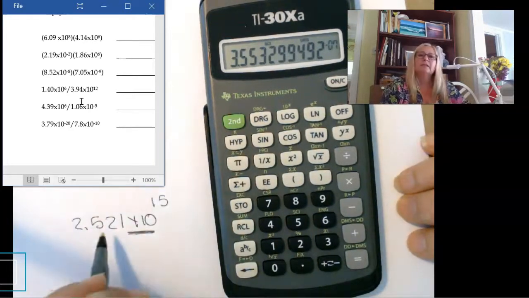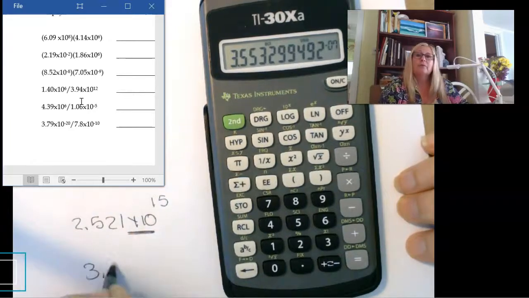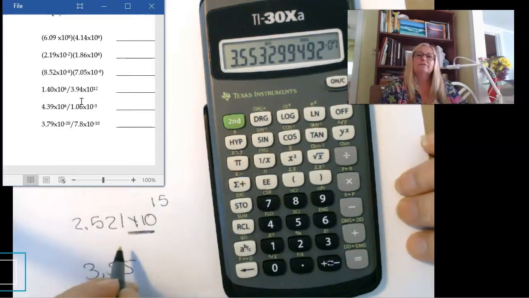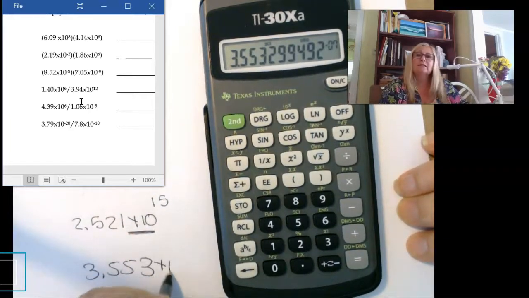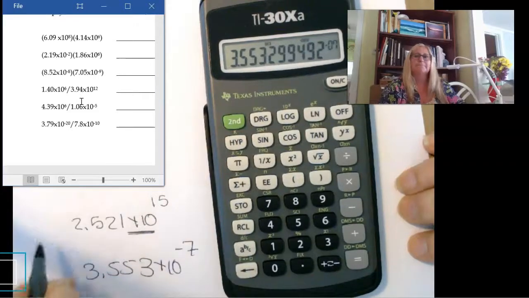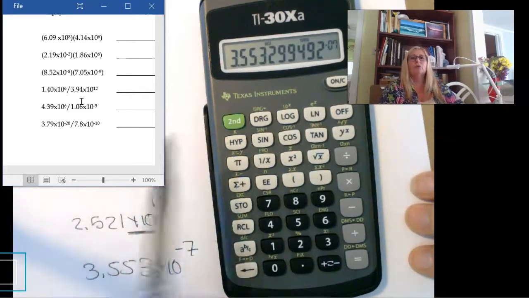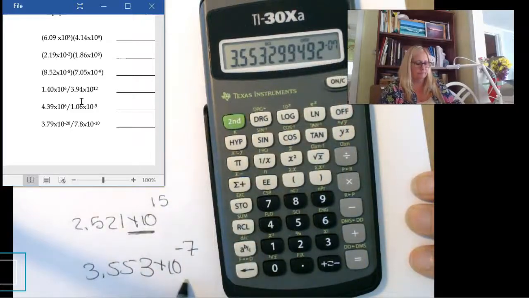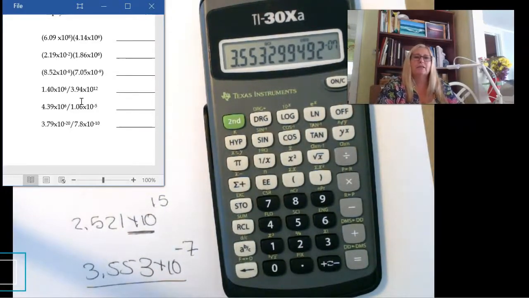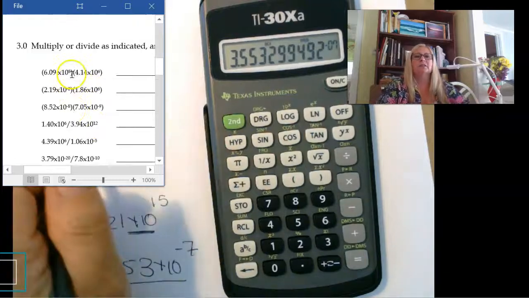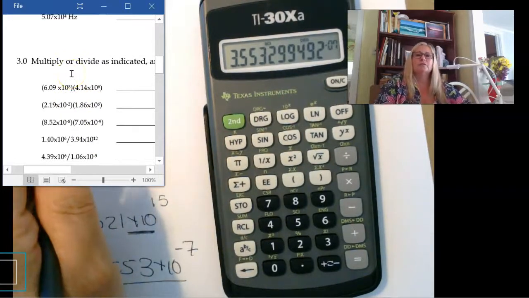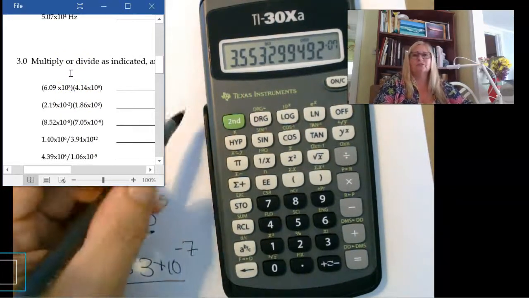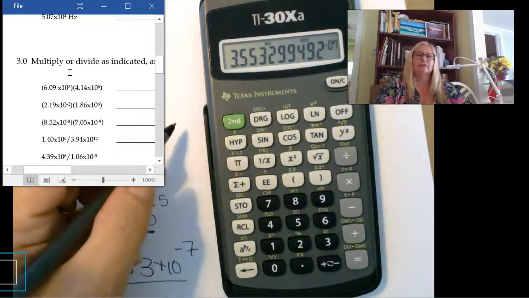So the answer would be 3.553 times 10 to the minus 7. You can always write down the entire number if you would like, but that's what I would go to. Okay? Hopefully this part of your homework section, which is number 3, shouldn't be too difficult for you. That's really to introduce you and make sure you're doing your calculator correctly.